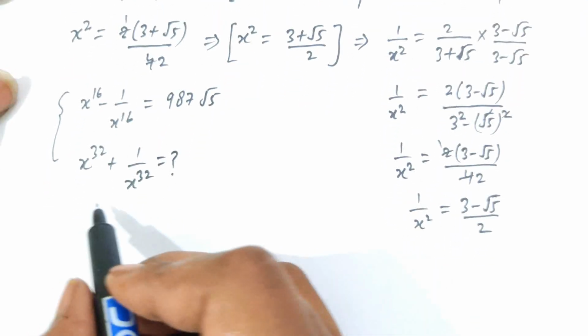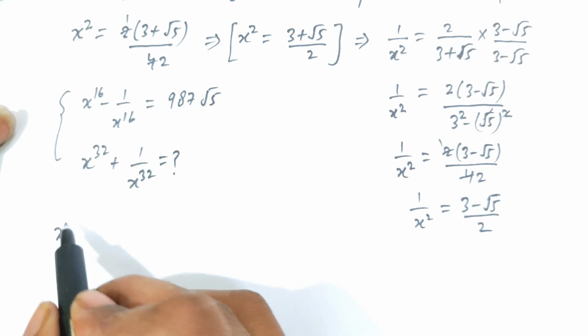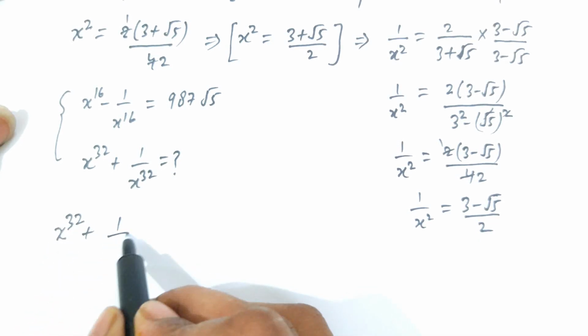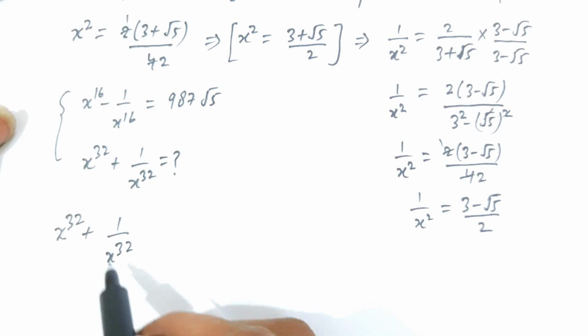Now we know x power 32 plus 1 by x power 32. Look carefully.